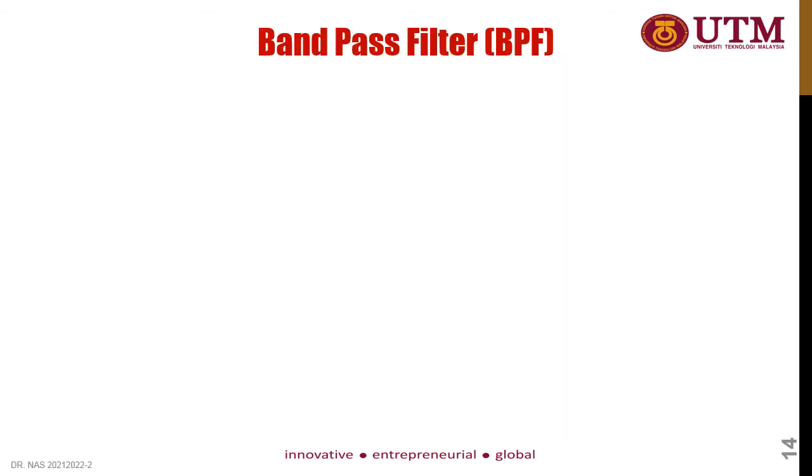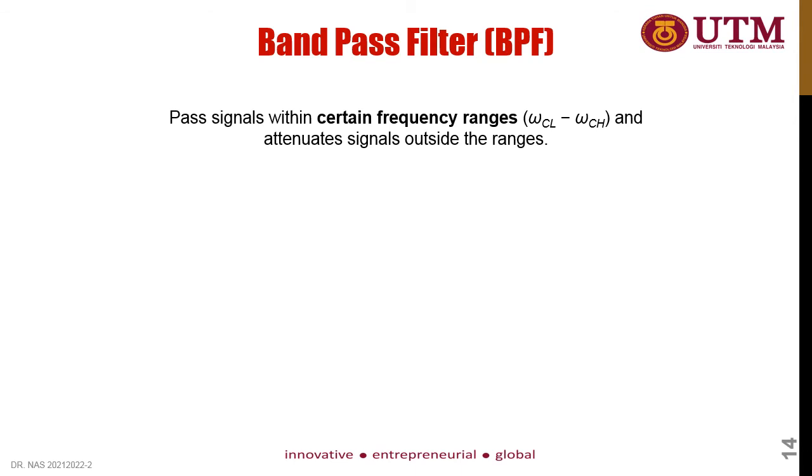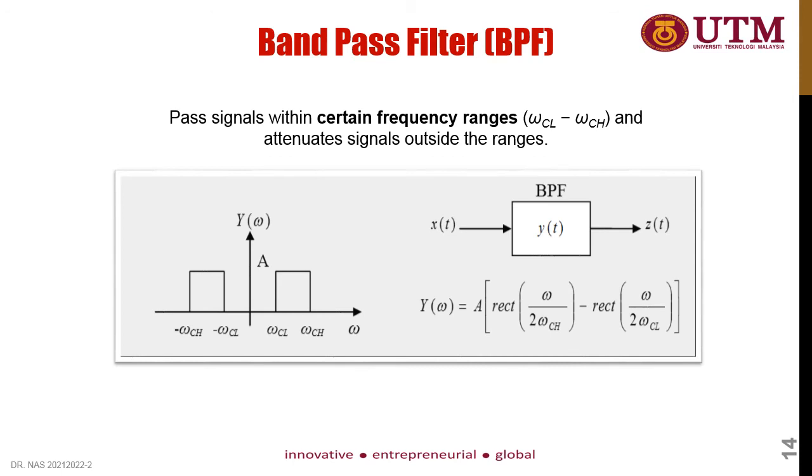The same goes for a band pass filter. A band pass filter allows a certain frequency range and attenuates signals outside the range. This is how the band pass filter looks, in which the specific range of components will be selected, but the rest of the components will be removed from the system.